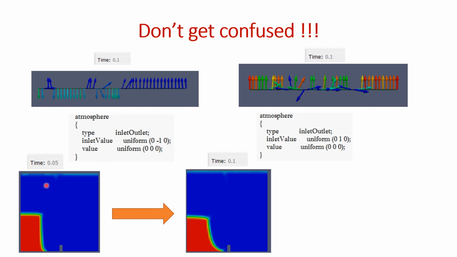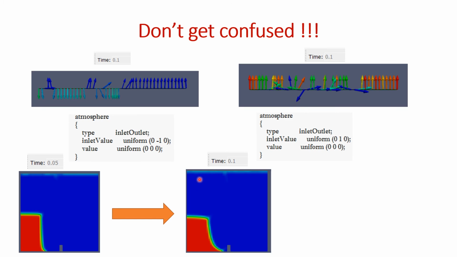Now what will happen? The air above is going to come inside. In this upper region on the left side, some air would be sucked down because the water is flowing down to fill this area.